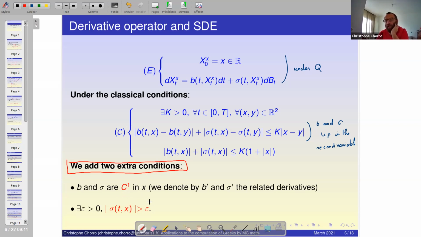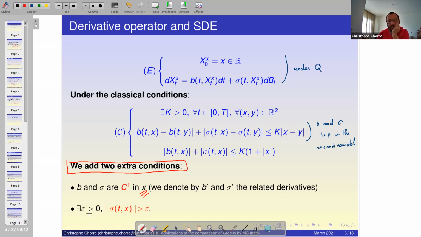It's exactly what happens in the Black-Scholes model, because there b and sigma are linear in x. I will denote from now on b prime and sigma prime the derivative with respect to x, meaning the derivative of this mapping with respect to the second variable.